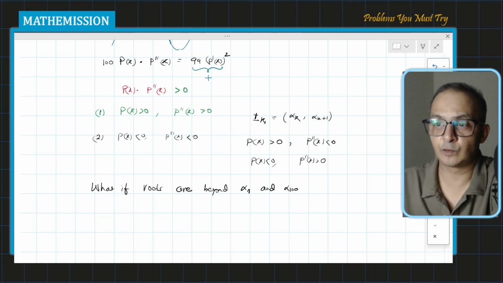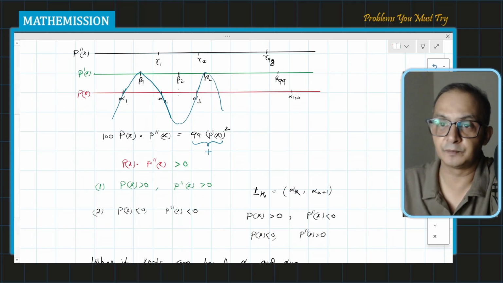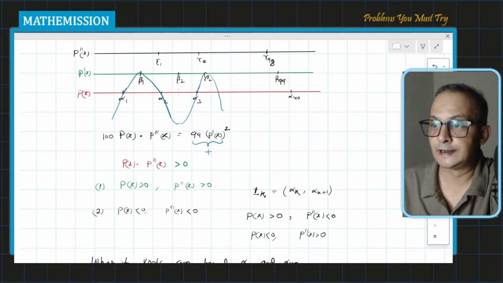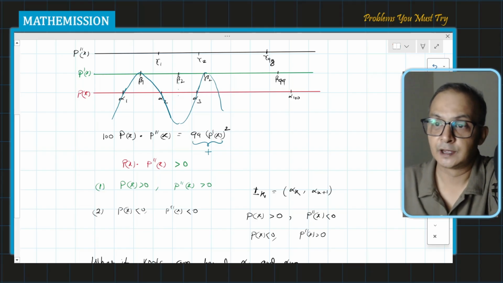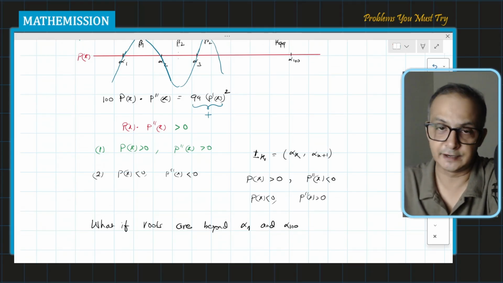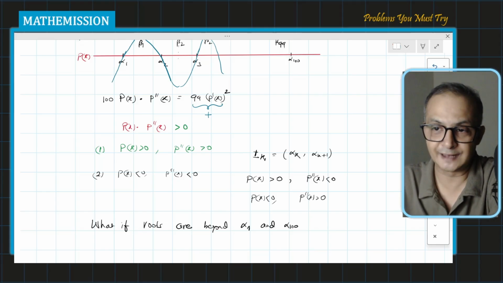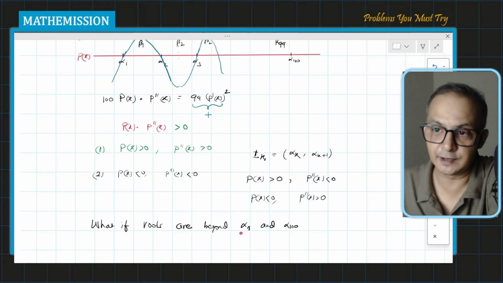Because between alpha 1 and alpha 100, there is no chance that this equality can hold, because you understood this thing. Now what will happen if I have these roots beyond alpha 1 and alpha 100? If you can analyze it, that will be better. So I give you time. If you want, then you can pause the video and see how this will be interpreted.